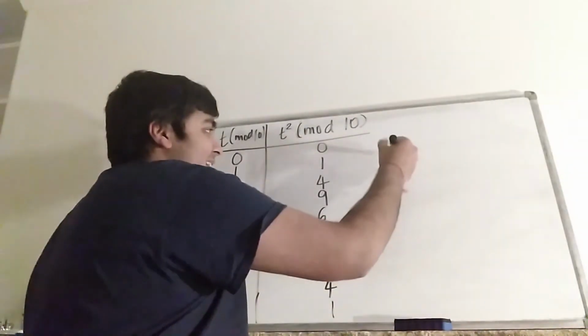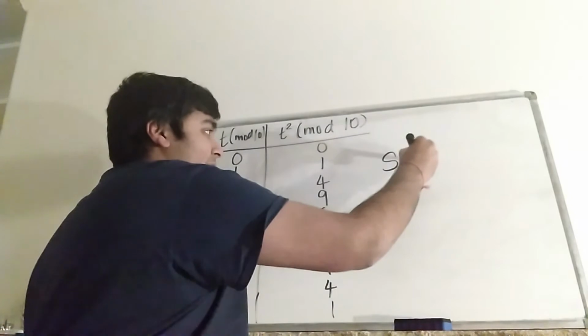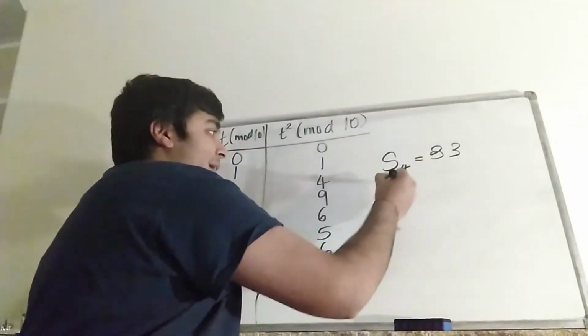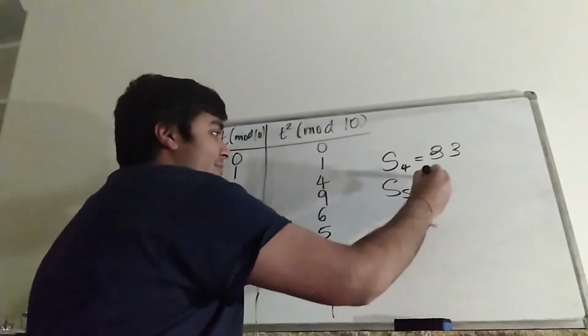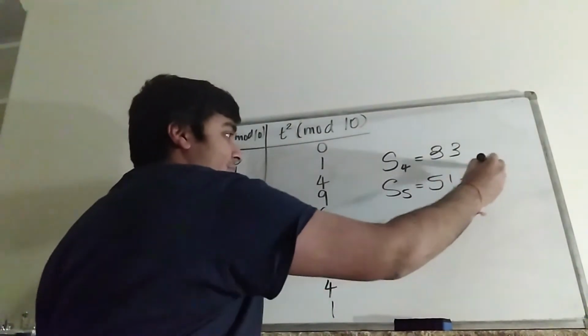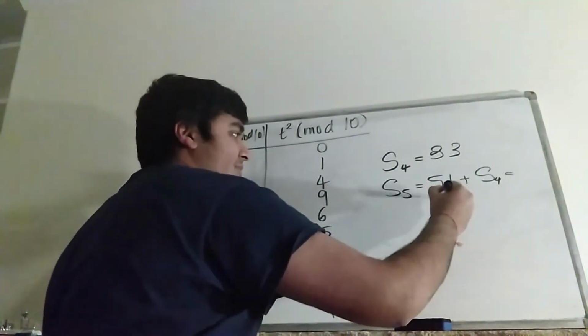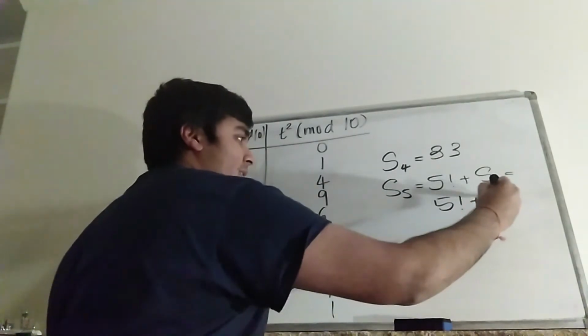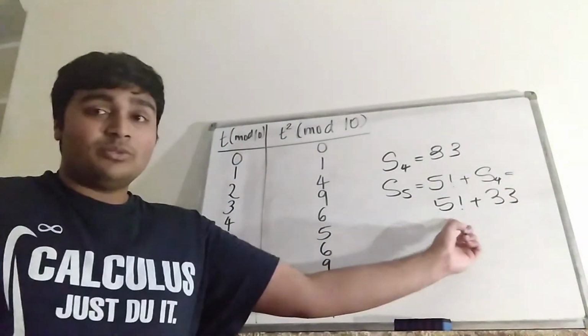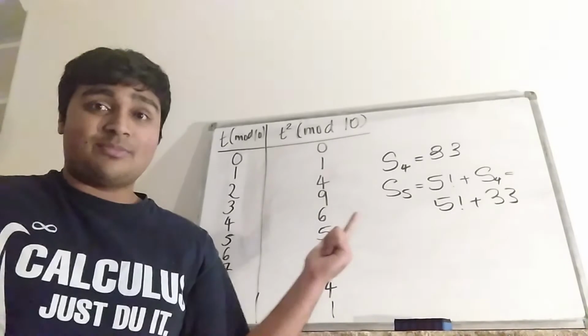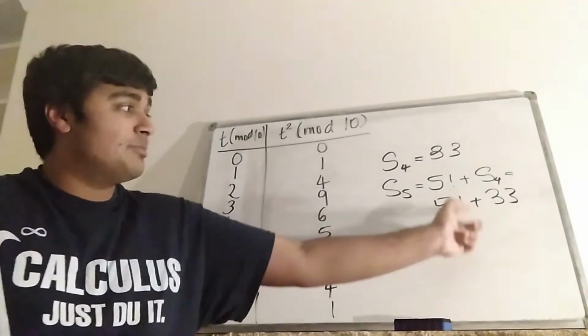If we recall, we have that S4 is equal to 33. But now S5 is precisely 5 factorial plus S4, which is 5 factorial plus 33. Now 5 factorial has a 5 in it and a 2 in its product, so this thing here is going to be divisible by 10.